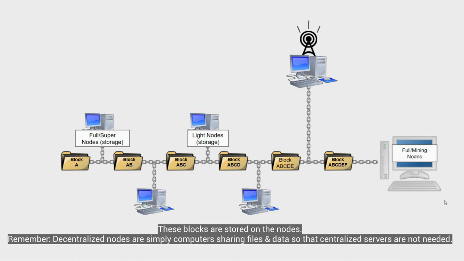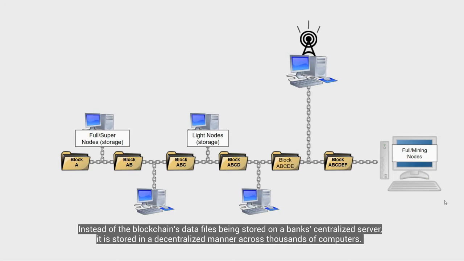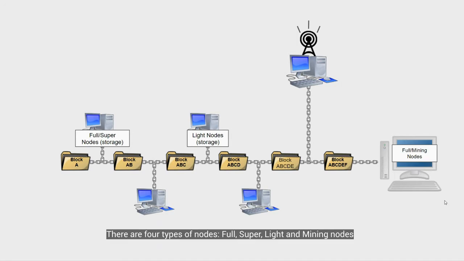Reminder, decentralized nodes are simply computers sharing files and data so that centralized servers are not needed. Instead of the blockchain's data files being stored on a bank's centralized server, it is stored in a decentralized manner across thousands of people's computers. There are four types of nodes: full nodes, super nodes, light nodes, and mining nodes.